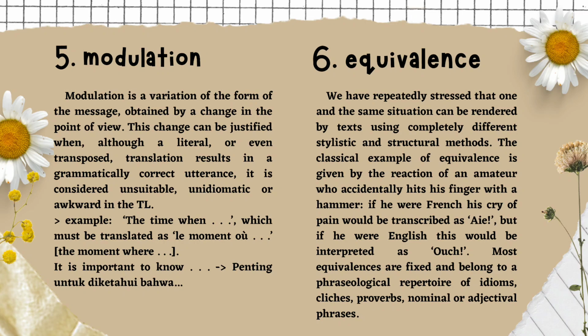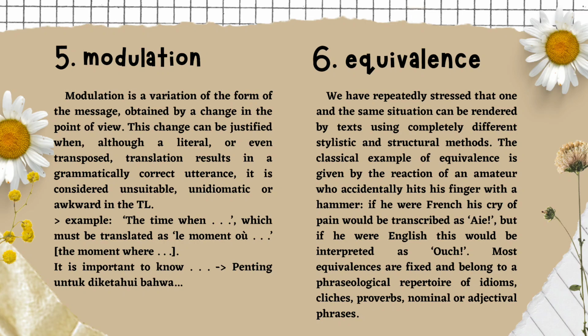Next, number 6, equivalence. We have repeatedly stressed that one and the same situation can be rendered by texts using completely different stylistic and structural methods. The classical example of equivalence is given by the reaction of an amateur who accidentally hits his finger with a hammer.